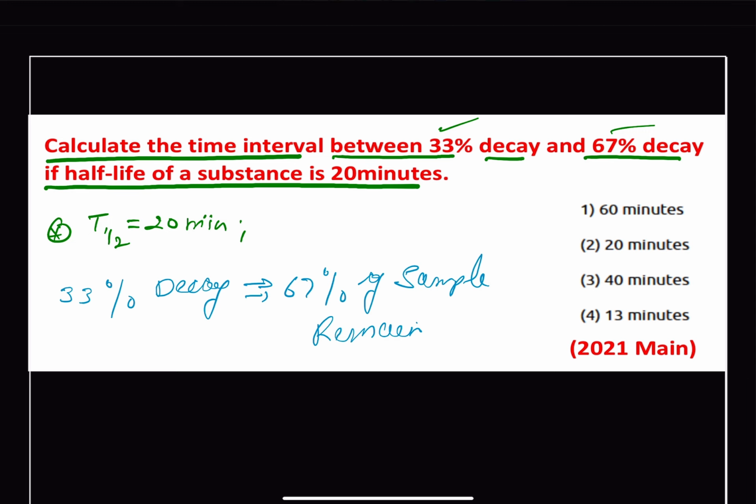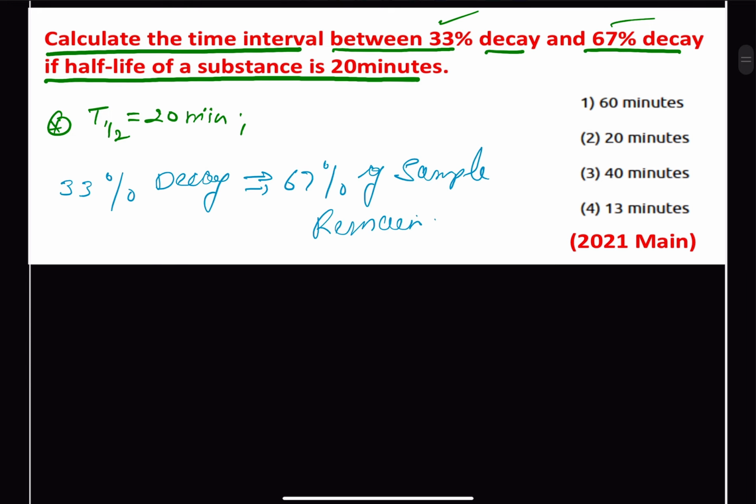So from here we can write that the ratio of n upon n naught will be equal to 0.67, where n is after some time t and n naught is our initial sample. Their ratio will be equal to 0.67 because 67% of the sample is remaining. This is in the first case.